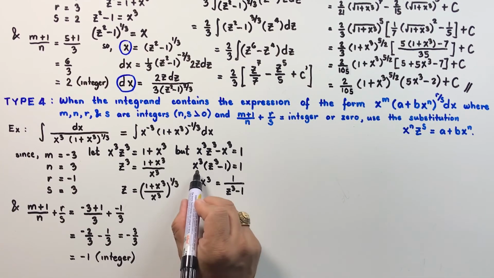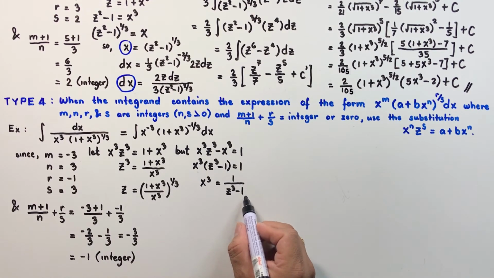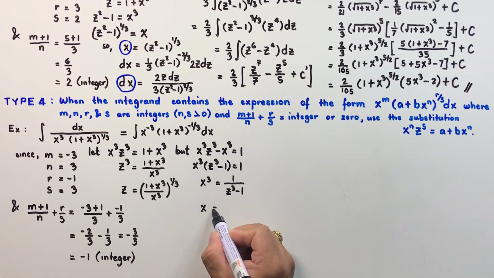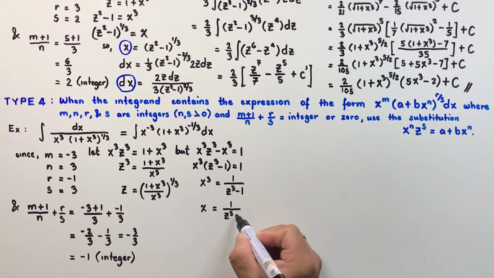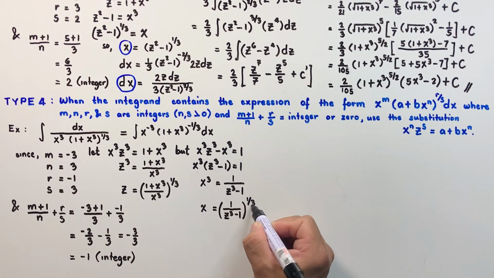By dividing both sides of the equation by z cubed minus 1 and raising both sides of the equation to the 1/3, we have x, which is equal to 1 over z cubed minus 1 to the power of 1/3.